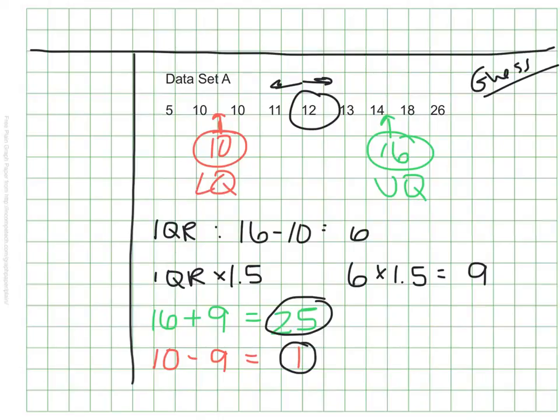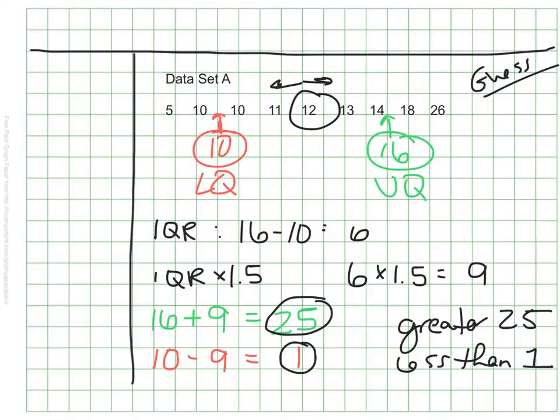Our guess of 26 would be accurate, however. 26 is greater than 25, and 25 marks the boundary beyond which numbers would be considered outliers. So in this case, anything that is greater than 25 would be an outlier, or less than 1.